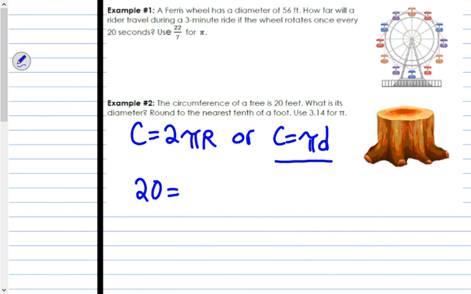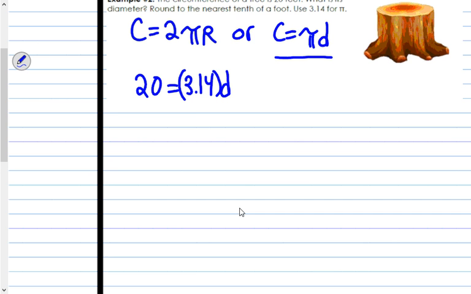And it's equal to pi times diameter. Well, they told me I could use 3.14 for pi. So it's equal to 3.14 times the diameter. Well, in order to get the diameter by itself, I'm going to divide both sides by 3.14.